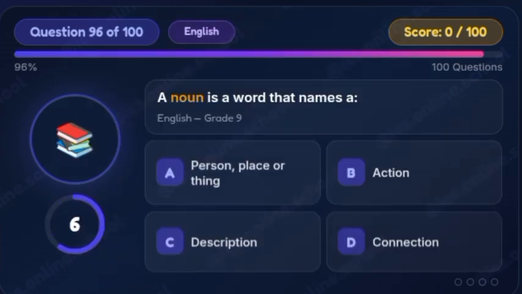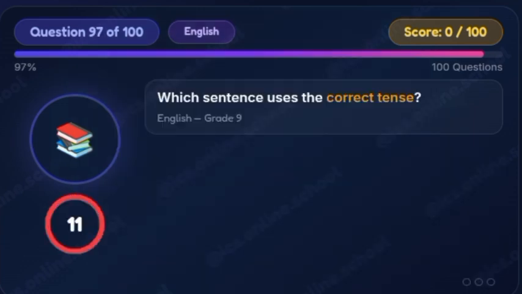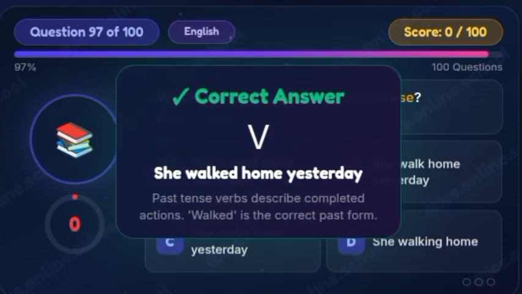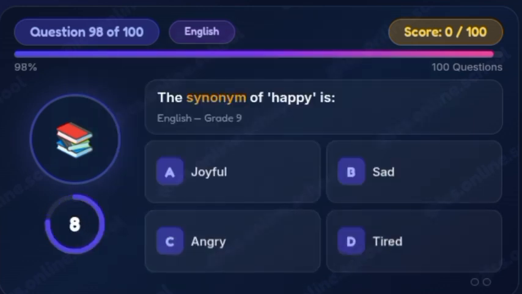A noun. A noun is a word that names a person, place, or thing. Which sentence uses the correct tense? What is the synonym of happy?